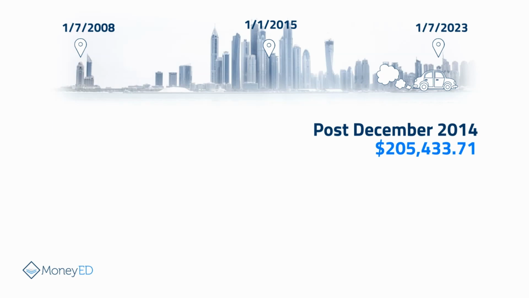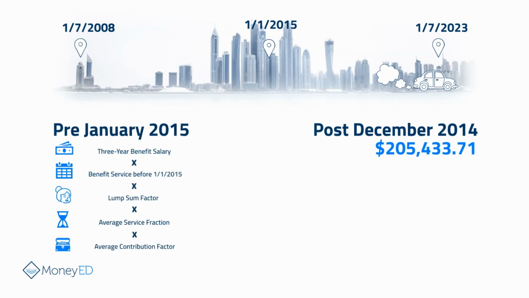In terms of the pre-January 2015 part of her defined benefit formula, Kelly's 3-year benefit salary is $115,153.33. Kelly's benefit service, representing years being a member prior to the 1st of January 2015, is 6.5 years.